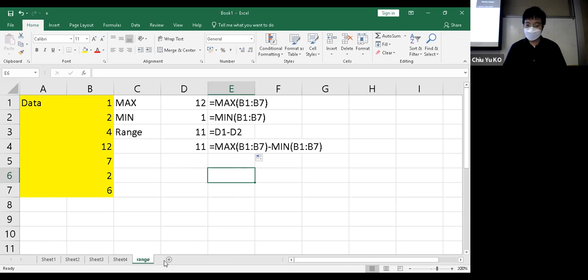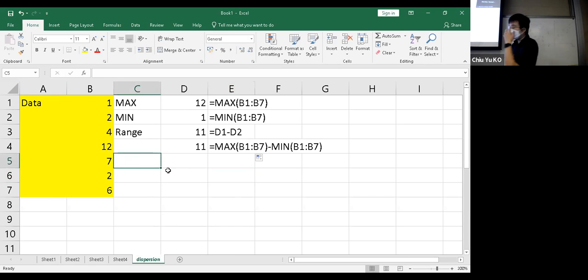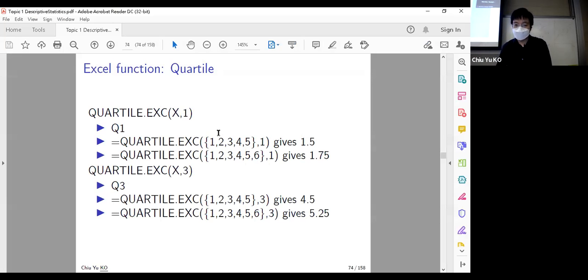Now we try to learn IQR. Maybe just as dispersion, I don't want to create too much spreadsheet. Dispersion. So we want to have IQR. For IQR, the good thing is Excel already has a function we call quartile dot exclude.